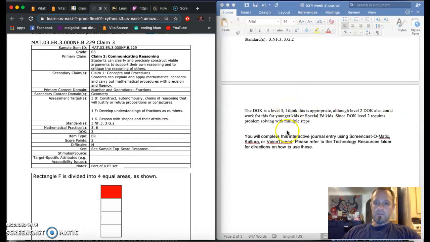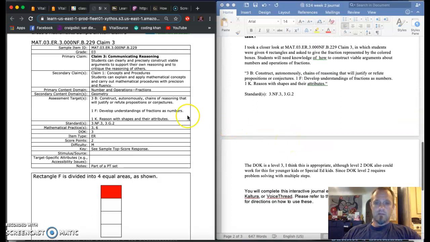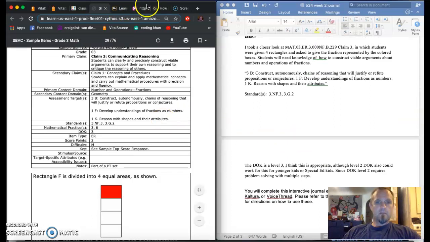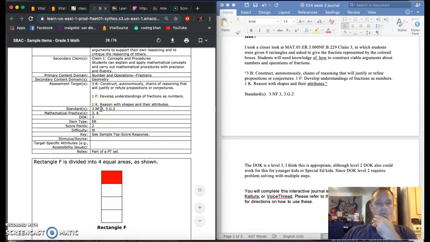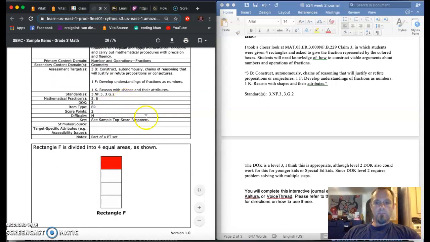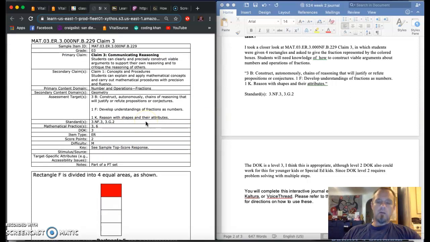Sorry, I didn't get that organized. So the depth of knowledge level 2 covers multiple steps in reasoning, learning to problem solve using 2 or more steps.